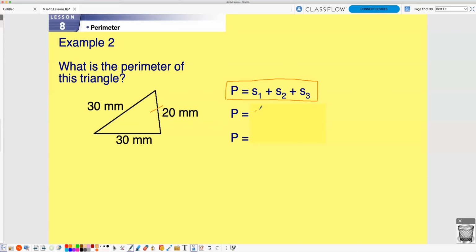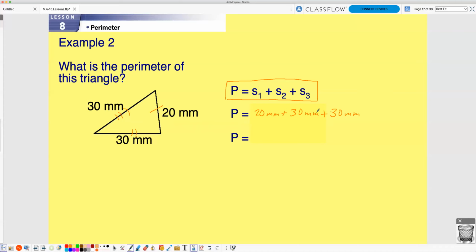So if that's side 1, it's 20 millimeters plus, let's say this is side 2, 30 millimeters plus, let's say this one is side 3. That's also 30 millimeters in this example. So what's 20 plus 30 plus 30?